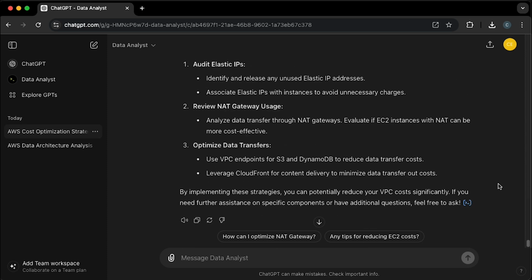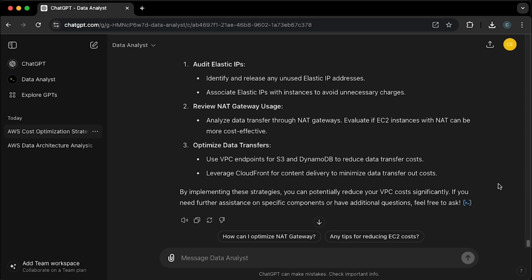Again, I noticed a couple of errors, but it didn't seem to affect the results. When we get down to the action plan, we can see that ChatGPT is offering some suggestions to reduce our costs. It's unclear if these are generic suggestions just based on the VPC usage type or specific to the CUR report that we uploaded.